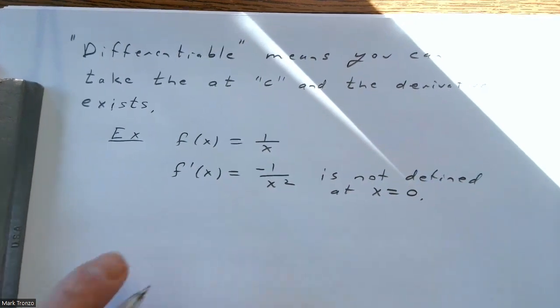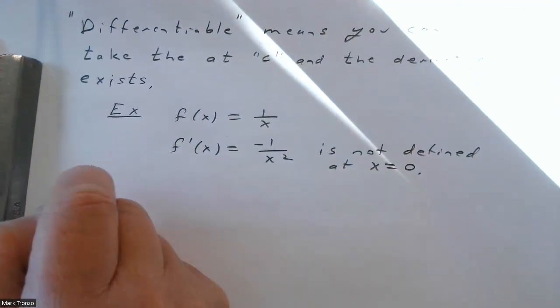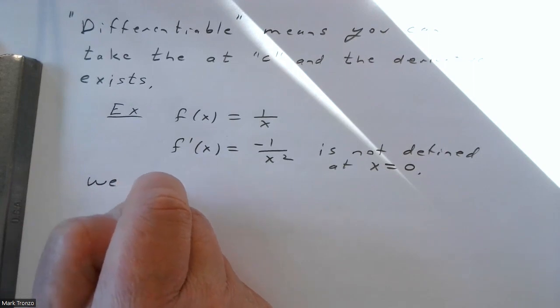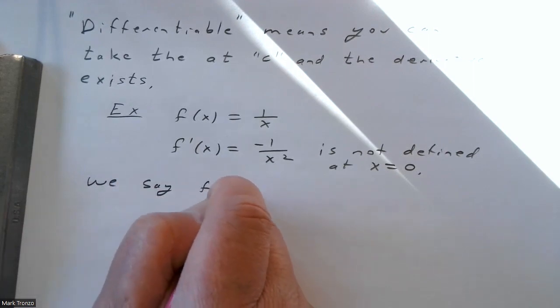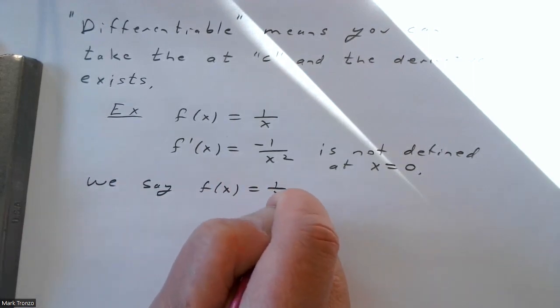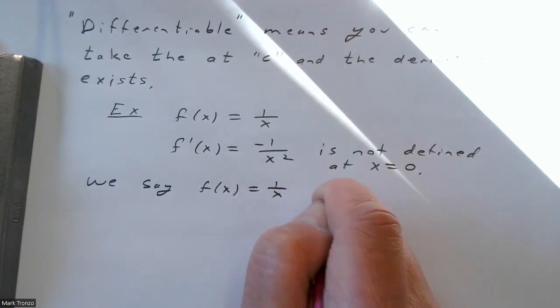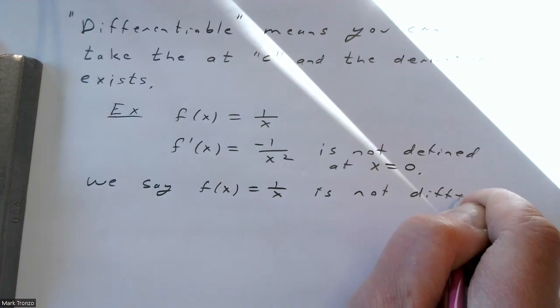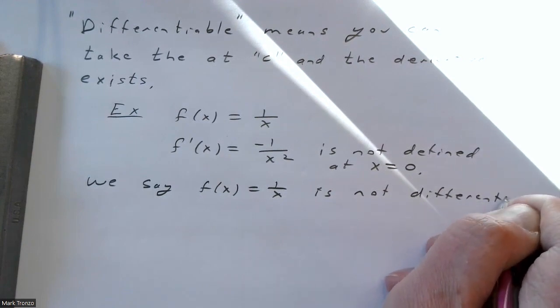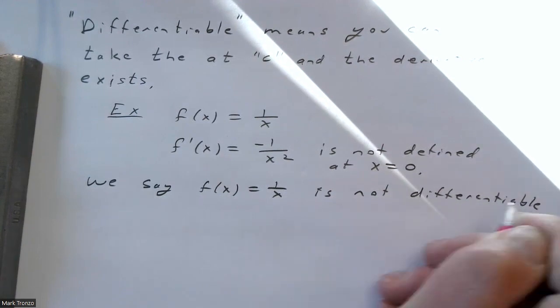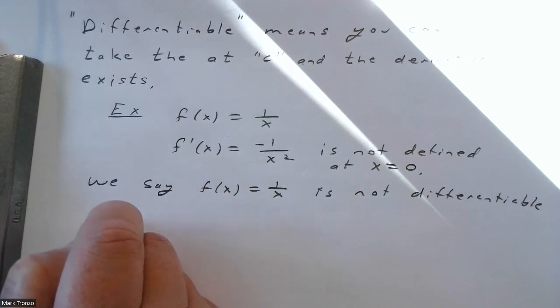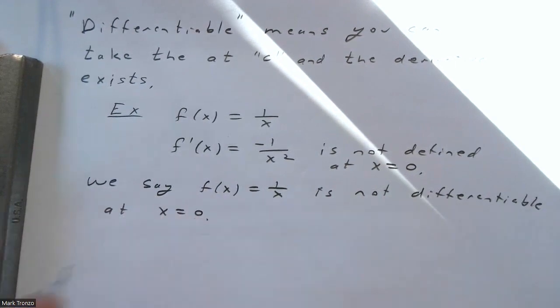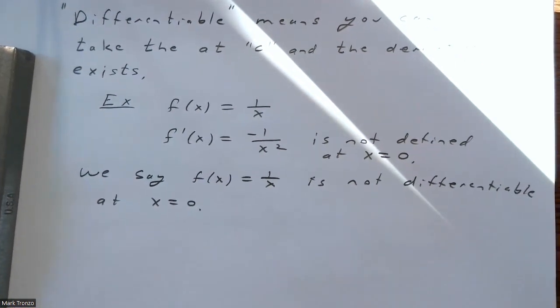So we would say in this case, f of x equals 1 over x is not differentiable at x equals 0. Yeah, good question. Any other questions?